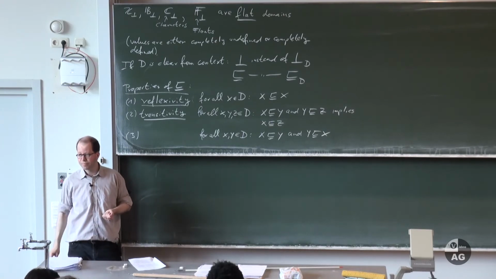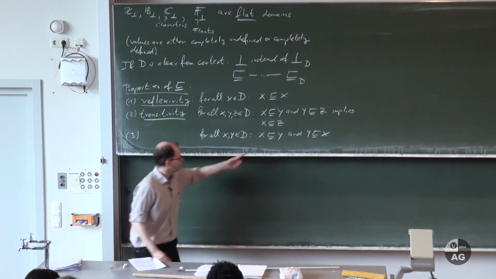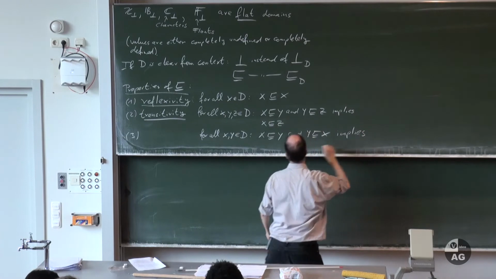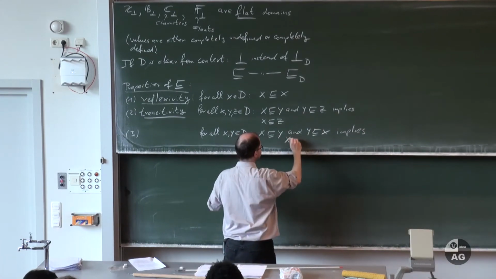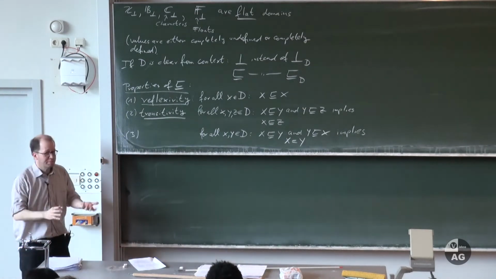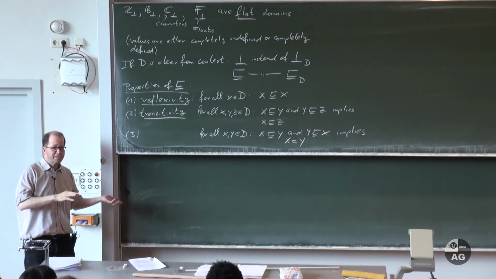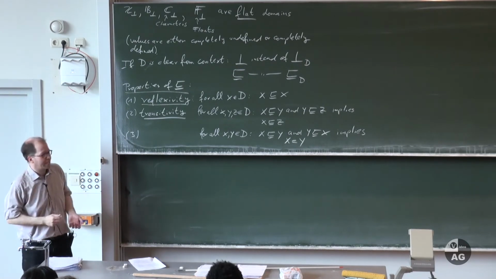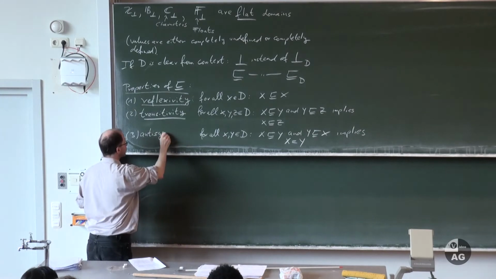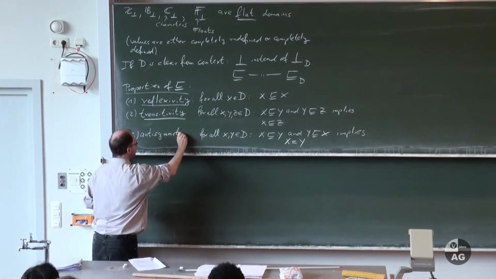Yes, that can happen, but then x has to be equal to y. So if this happens, then this implies that x and y are equal. And this property is not called symmetry, because symmetry means that whenever x stands in relation with y, then y stands in relation with x. But this is called anti-symmetry.